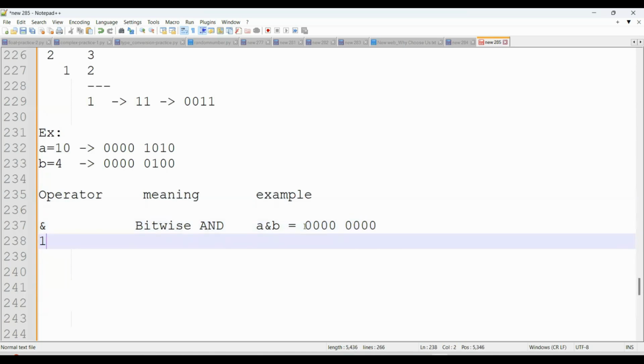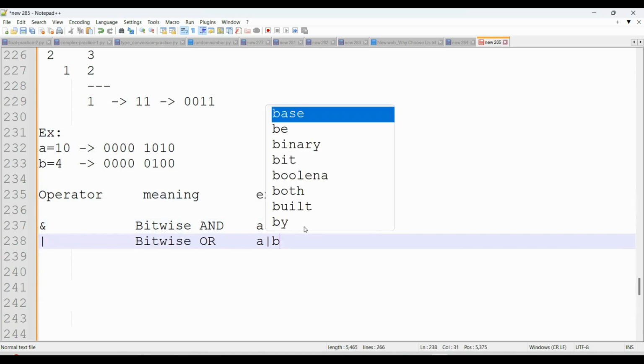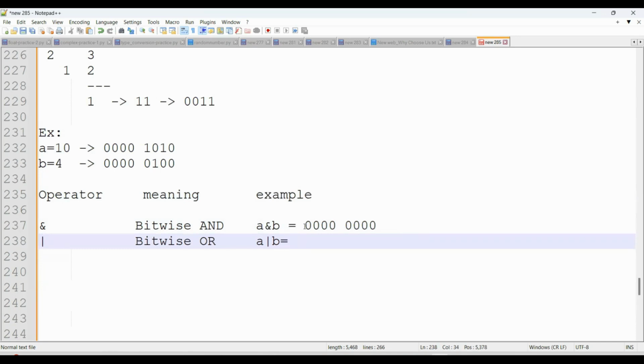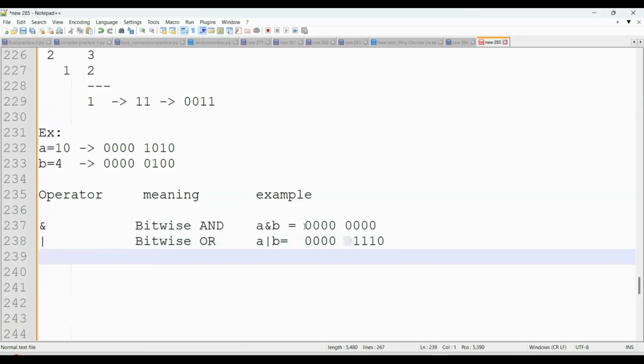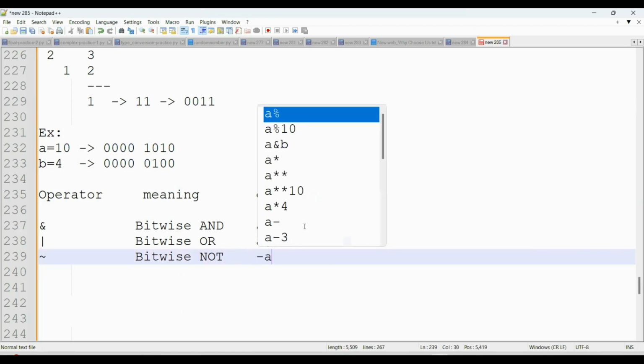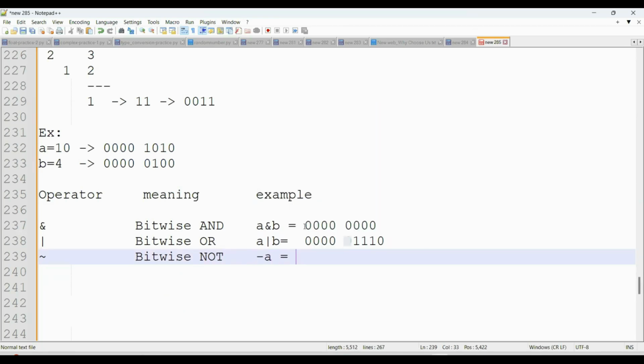Then bitwise OR, a OR b. Again you need to implement bitwise OR logic, and we will get 0 1 0 like that. Then the NOT symbol is this one, bitwise NOT, let us say minus a. You need to invert the bits.